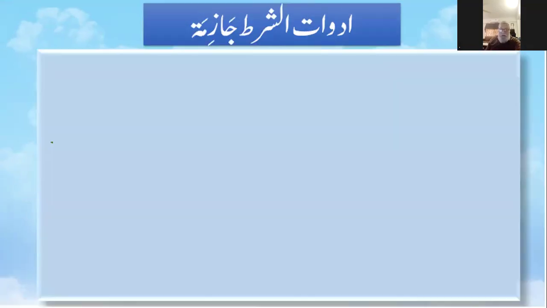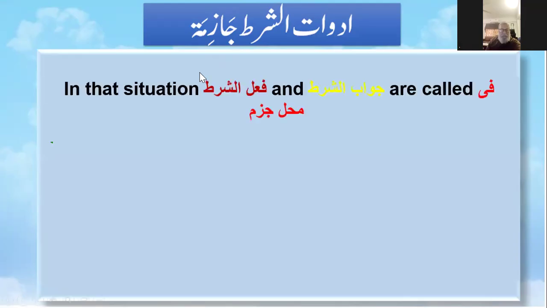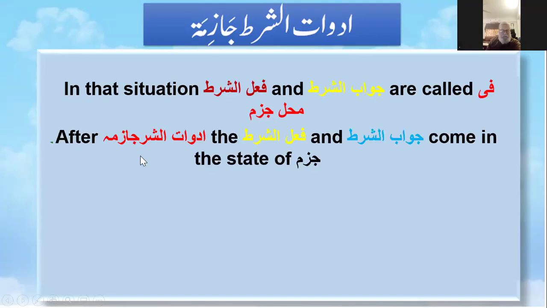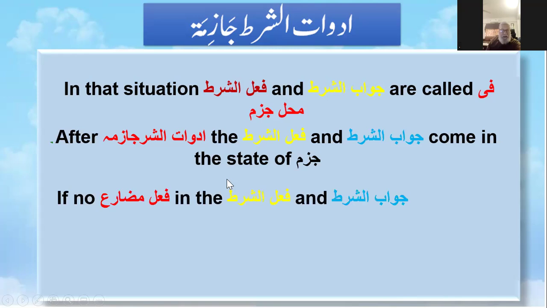Now, let's have a look at the adawat shart jazima. In this situation, fi'l shart and jawab shart are called fi mahalli jazm. After the adawat shart jazima, the fi'l shart and the jawab shart come in the state of jazm.